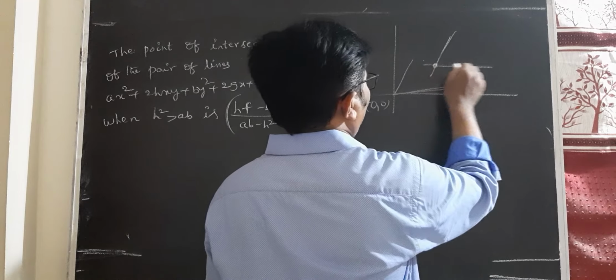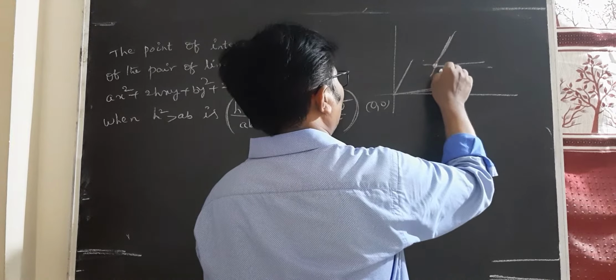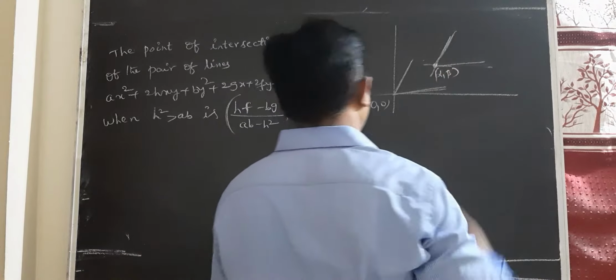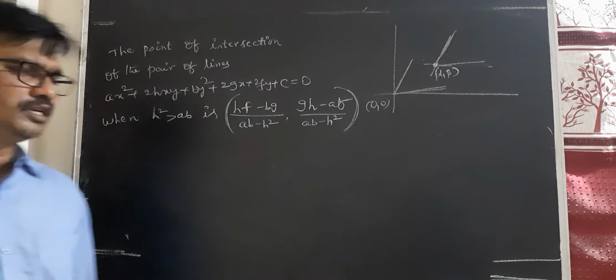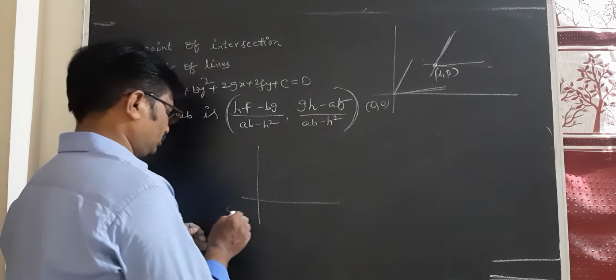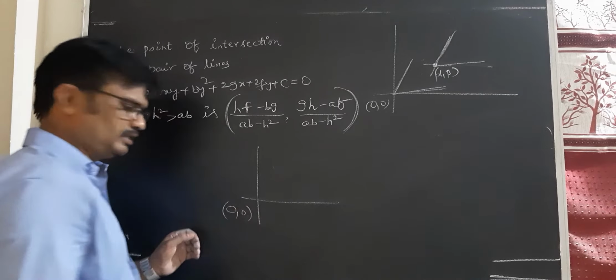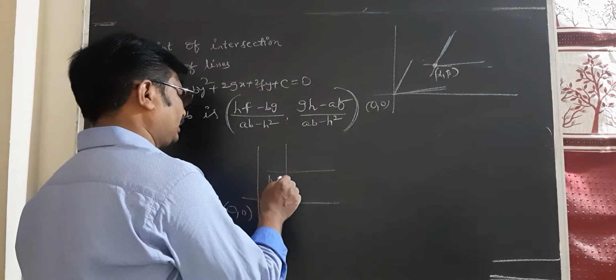This line is parallel to this line and this line is parallel to this one, whose point of intersection, suppose, we take as alpha, beta. So dear students, in the change of axis, suppose this is the origin, and it is shifted to another point (h, k).